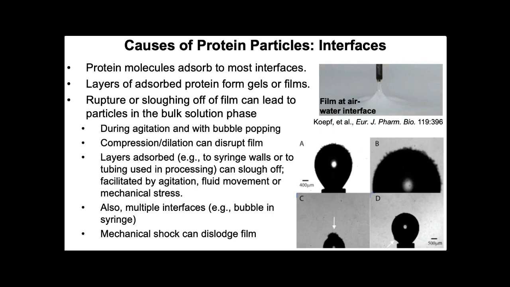That film can be disrupted by mechanical forces like compression and dilation of the air-water interface, bubble popping. Adsorbed layers can be scraped off, and there may be multiple interfaces like air bubbles and silicone oil in a syringe. And any kind of mechanical force, including shock from dropping, can dislodge that film and particles.